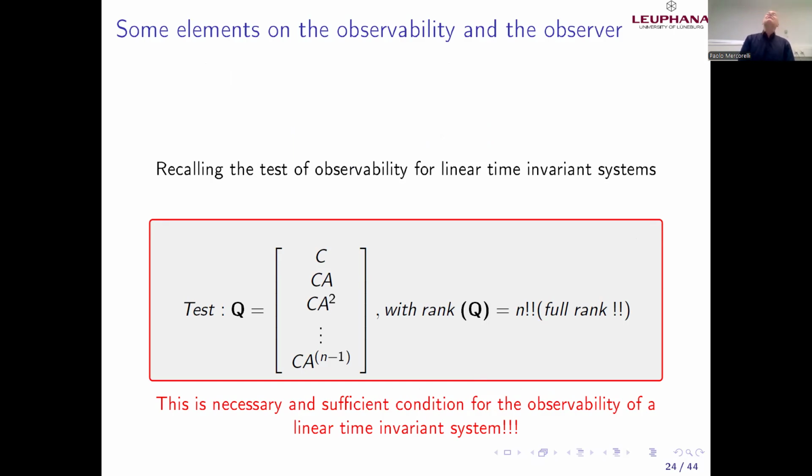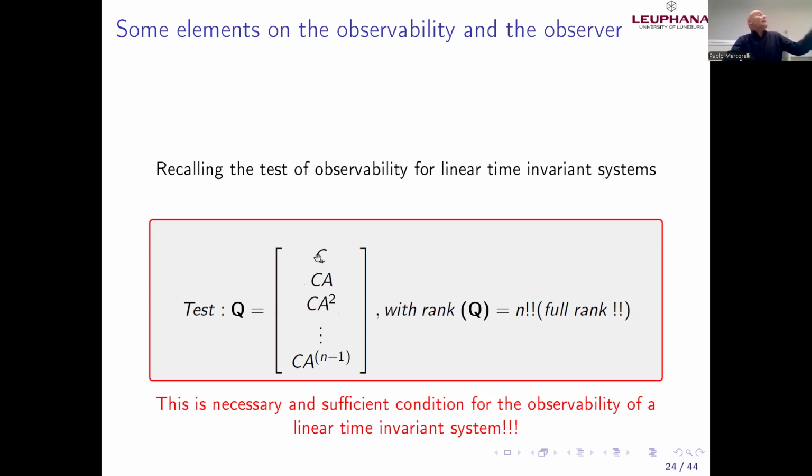This means if the test is positive, we can conclude everything. We can say when the system is observable and when it is not. And it depends on the structure of the matrix C and the structure of the matrix A.